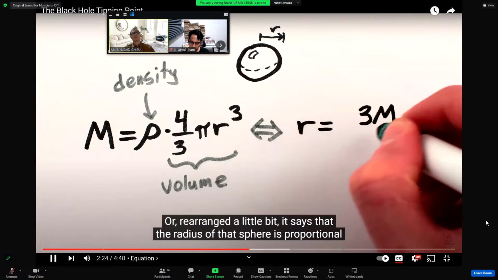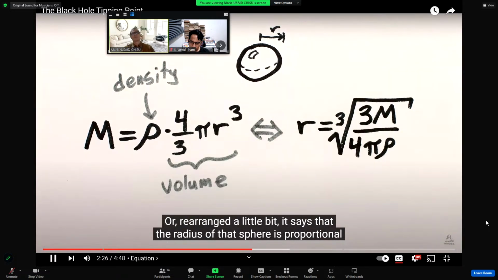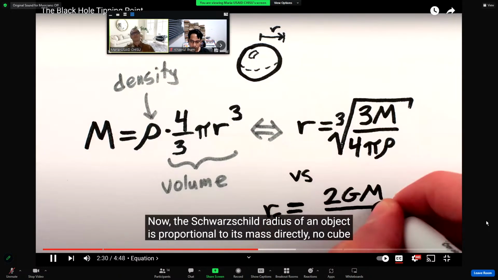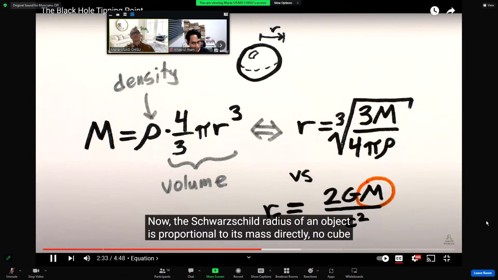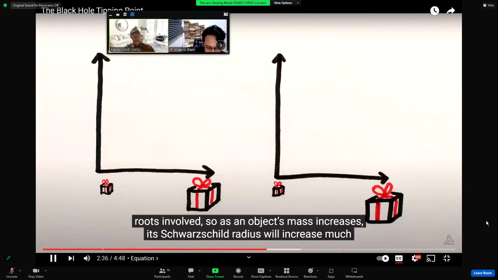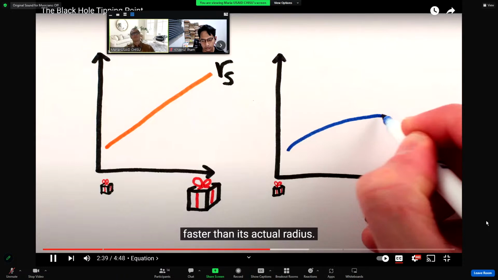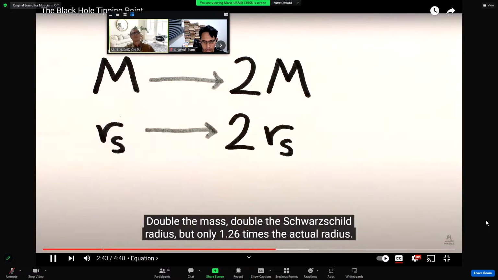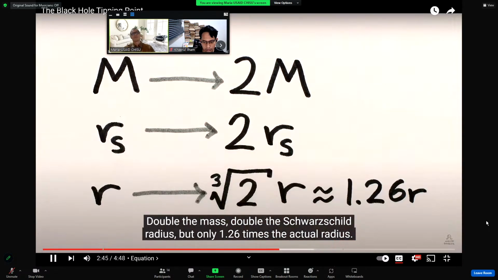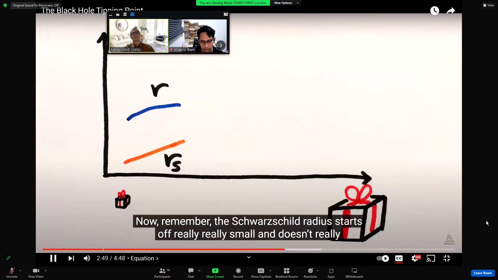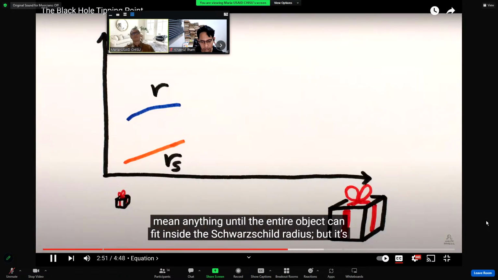The radius starts off really far, anything until the entire object by the Schwarzschild radius.